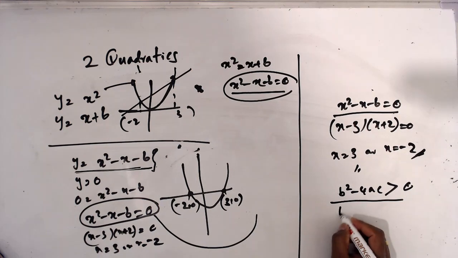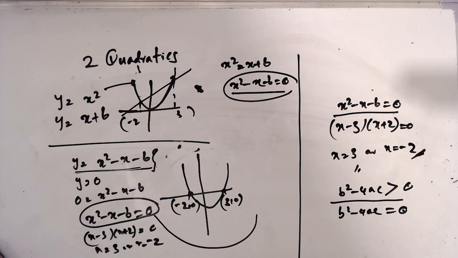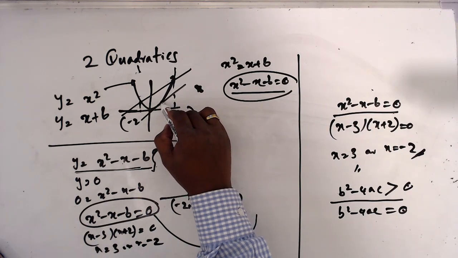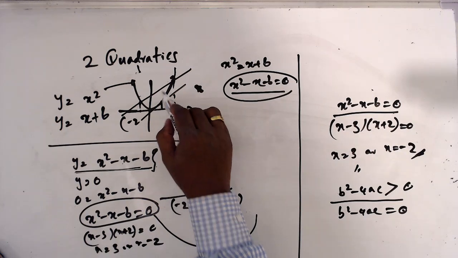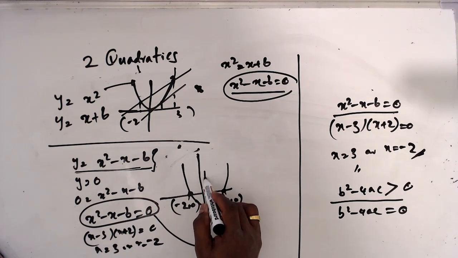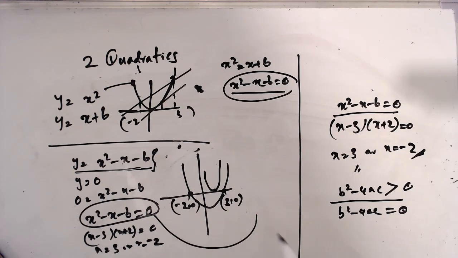Same as if b square minus 4ac equals 0, then it can be a repeated root of an intersection of a line and a curve, or it can be a repeated root of a curve.